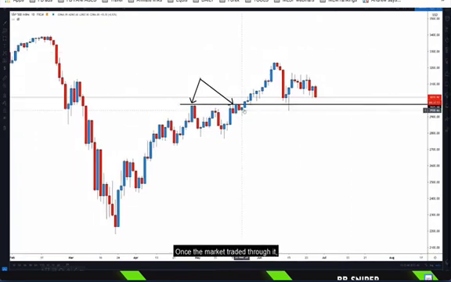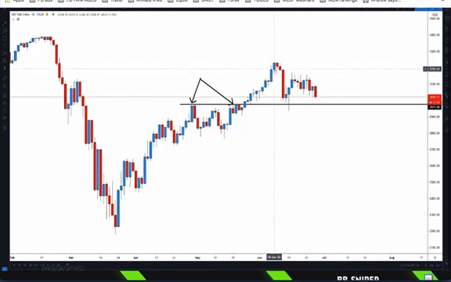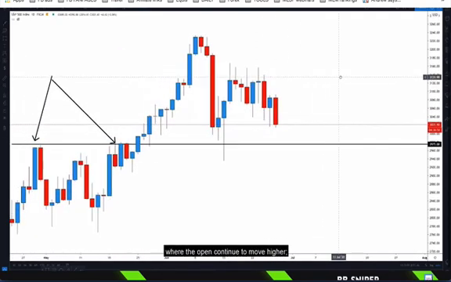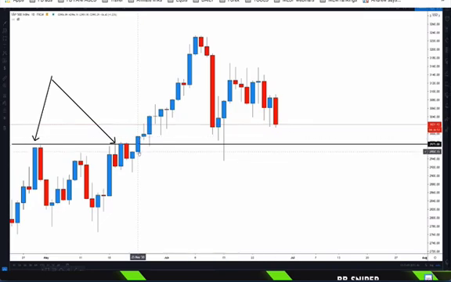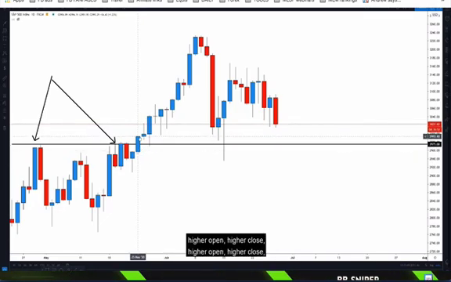Once the market traded through it, we had 1, 2, 3, 4, 5, 6, 7, 8, 9, 10, 11 consecutive daily candlestick closes where the open continued to move higher. Higher open, higher close. Higher open, higher close.